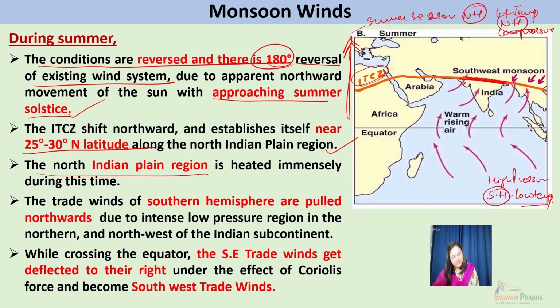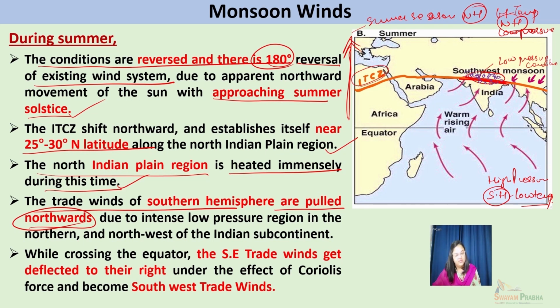And the North Indian Plain region is heated immensely during this time period, creating very intense low pressure conditions, due to which the trade winds of the southern hemisphere are pulled northward to this intensive low pressure center, which is created over the northern plain region and northwestern region of India.